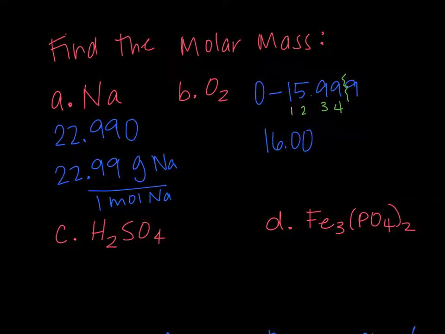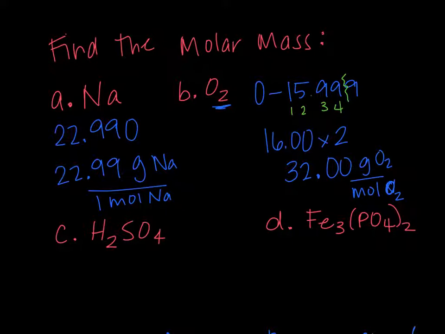There's 2 oxygens right here. So we have to take that 16 times 2. And so the molar mass for O2 is 32.00 grams per mole. And that's the grams of oxygen in 1 mole of oxygen. I was looking over at the sodium while I was saying that. All right.